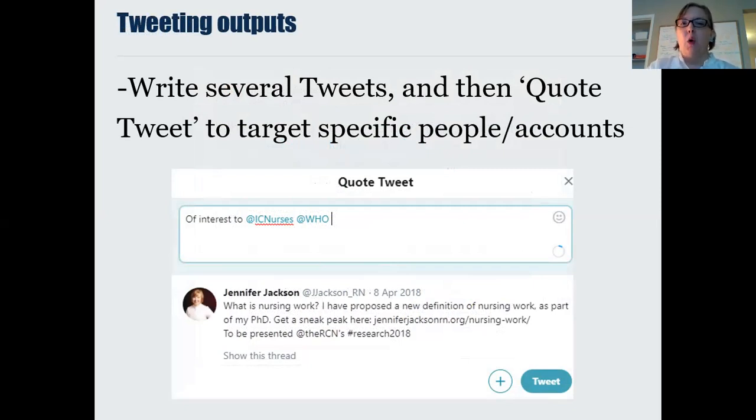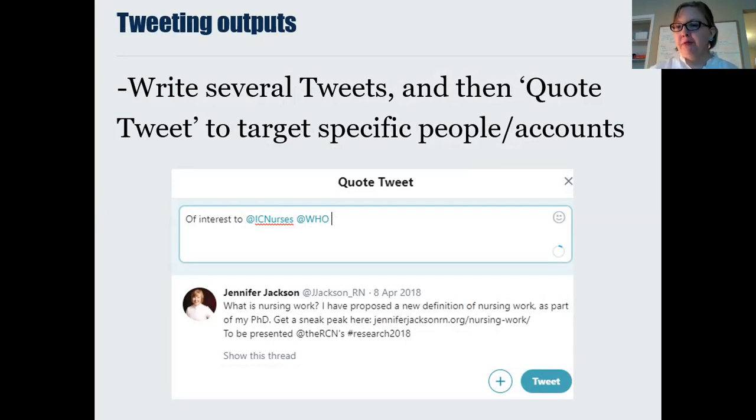And then if you hit quote tweet, you can say, this is of interest to ICU nurses, WHO, whomever you want to put in, whatever key groups might be interested. Or you could say in the quote tweet box, Pam Smith, could you retweet this tweet? So that way you have one tweet that you can leverage all over the internet, but you can also target individual people.